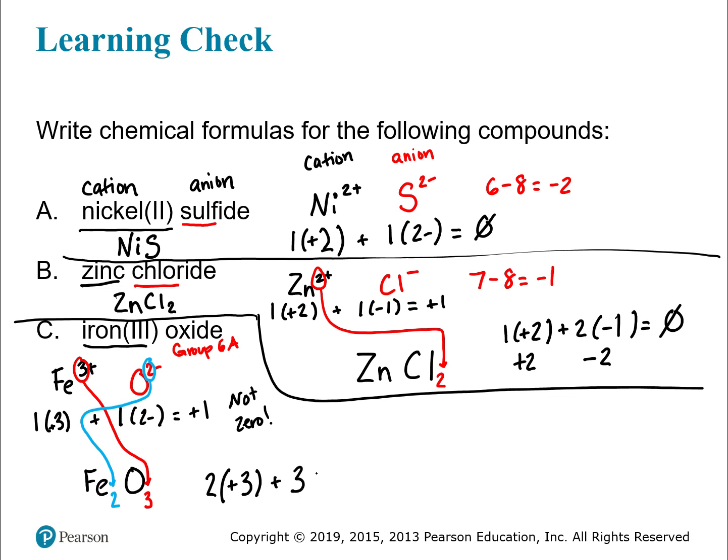I've got 3 oxide ions that are all -2 each. That's a +6 and a -6. So that means our formula checks out. And that is the formula for iron 3 oxide.